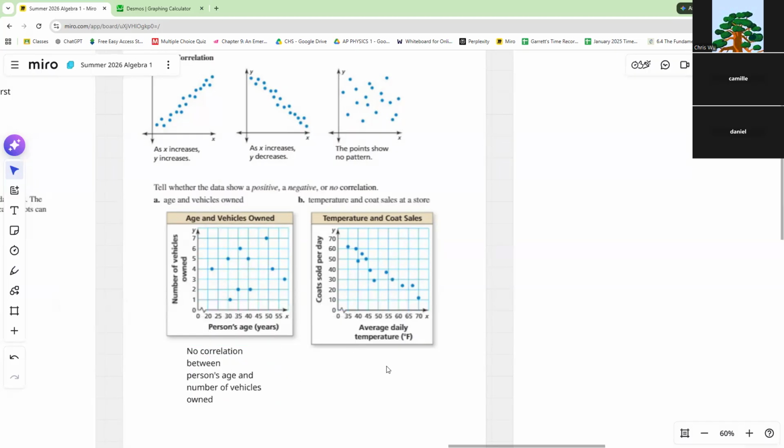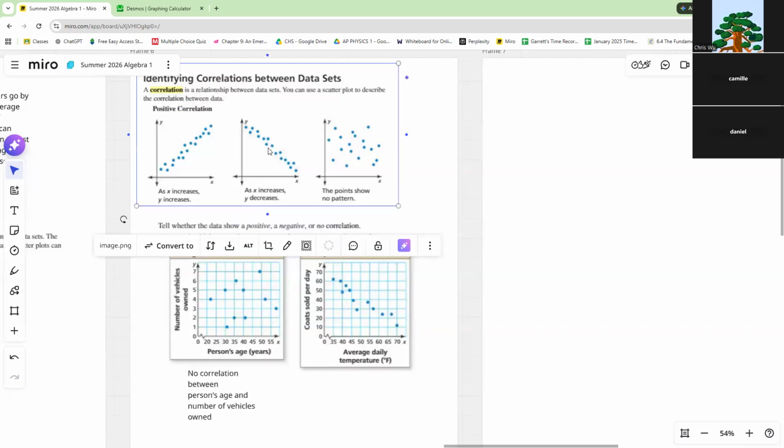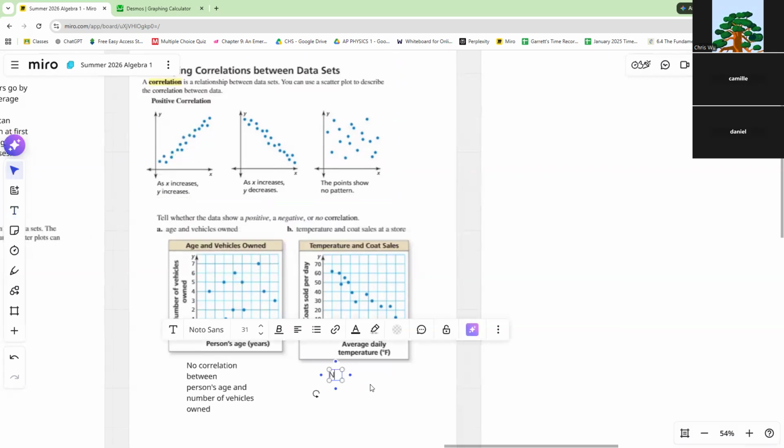Okay, for the one on the right-hand side, Timothy, what do you think? Do you think it's a positive correlation, a negative correlation, or no pattern? Look at the picture above. Which one does this look like? This is a negative correlation. Yeah, this one's a negative correlation.